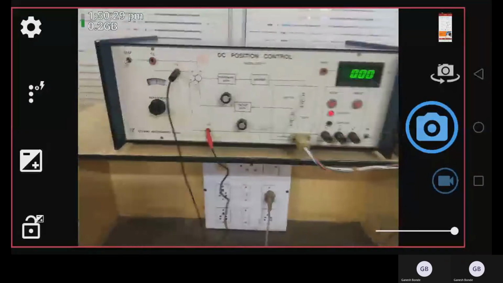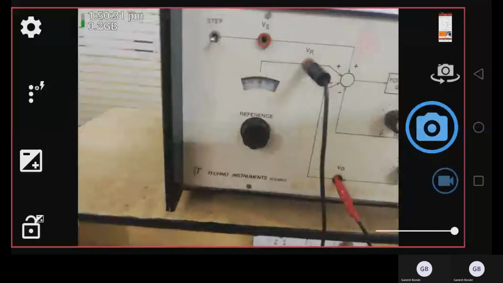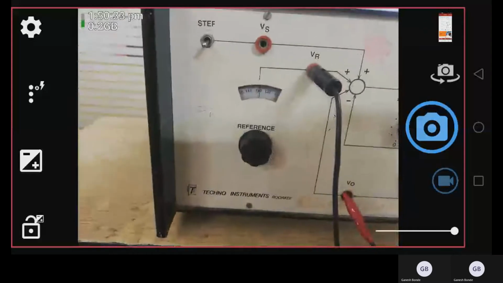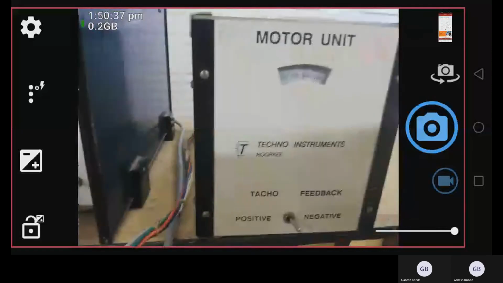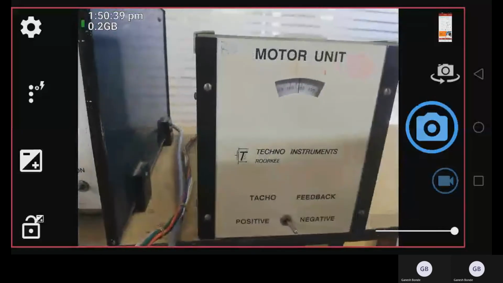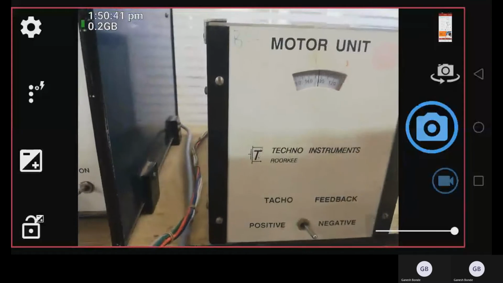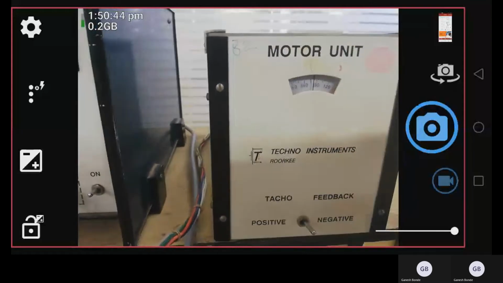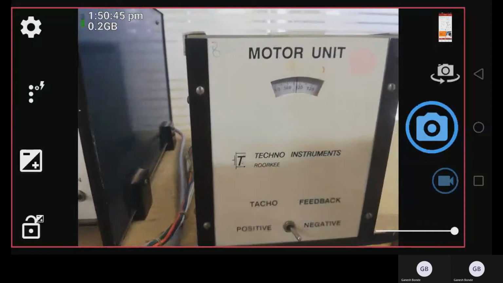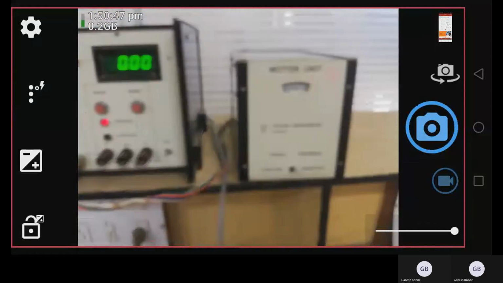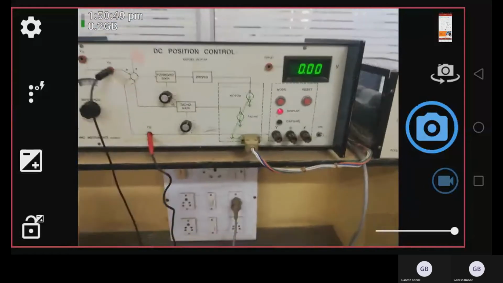Initially you see here, the reference pot position is adjusted to 130. Similarly, the actual position of the motor is also close to 130. So a slight error will be there.